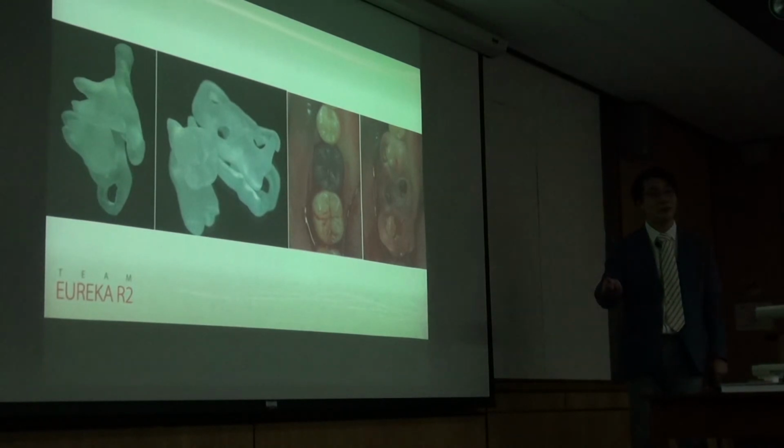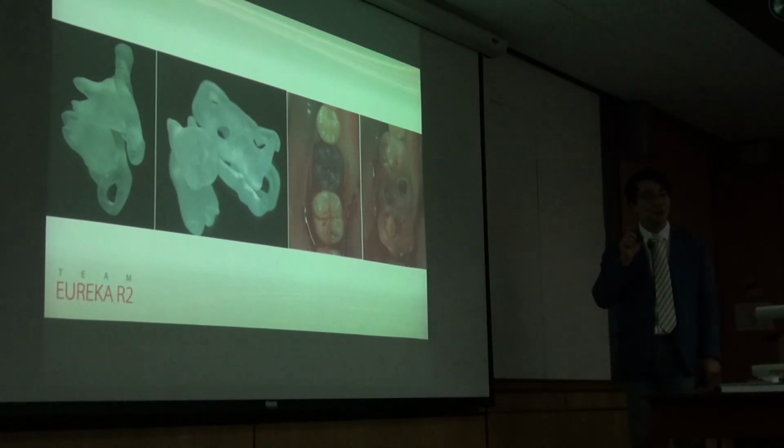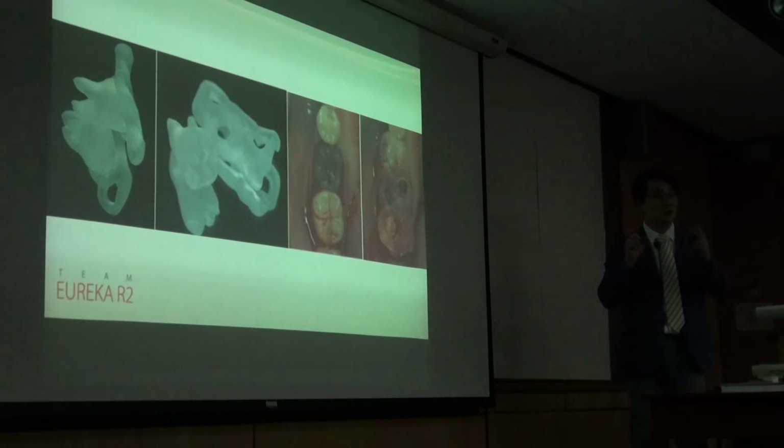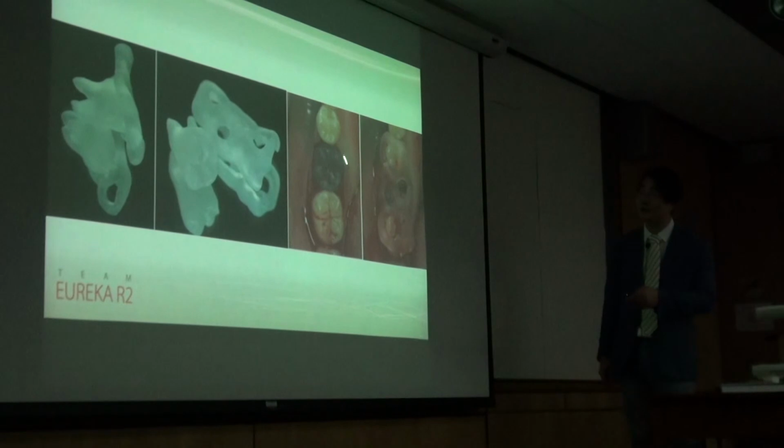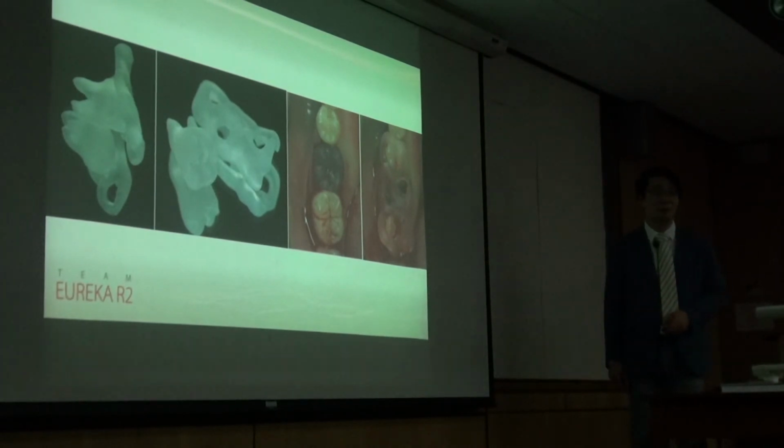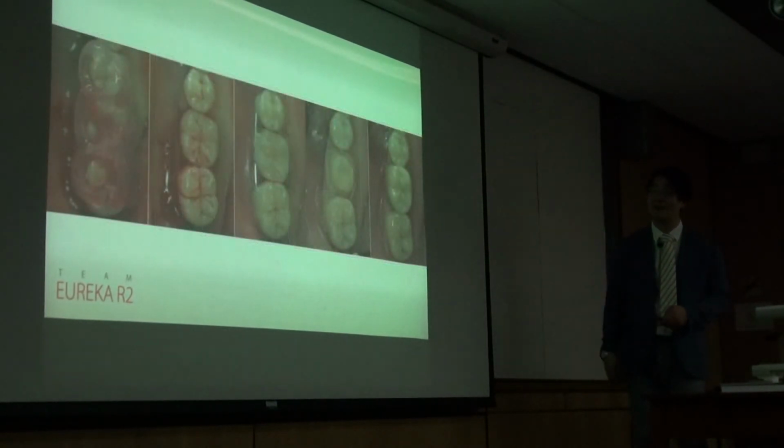In the transplantation procedure, extraction time is very important. Because if you take out the tooth, the periodontal ligament degenerates, so minimum time is very important. So using this kind of dummy, we already prepare the site, and then extract and put in.